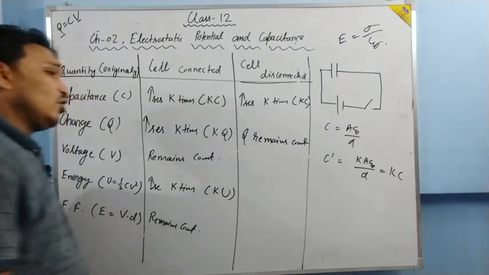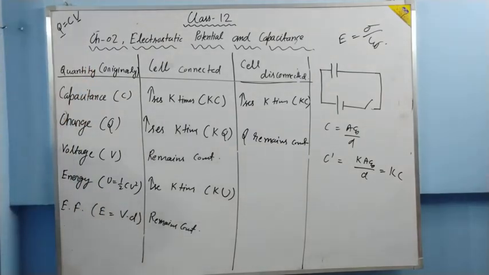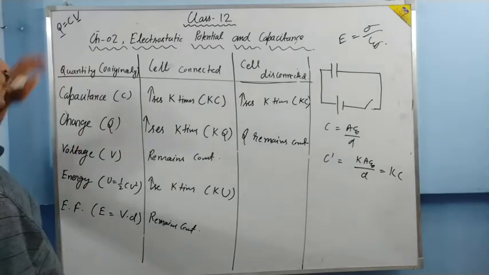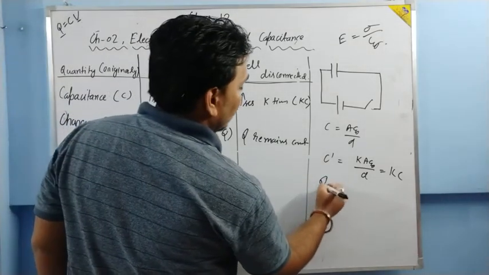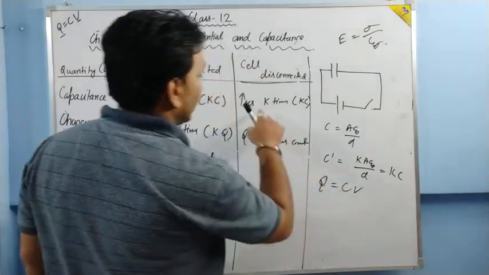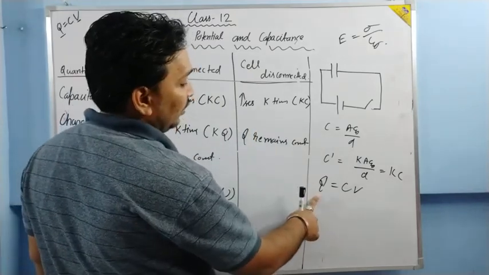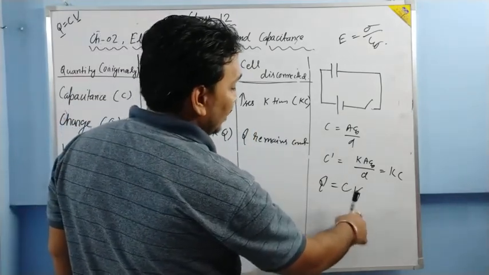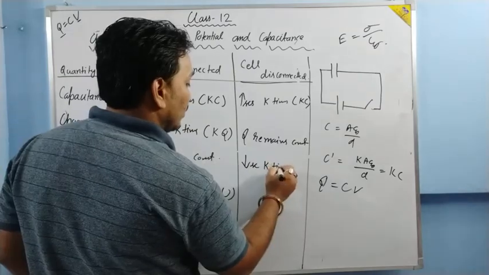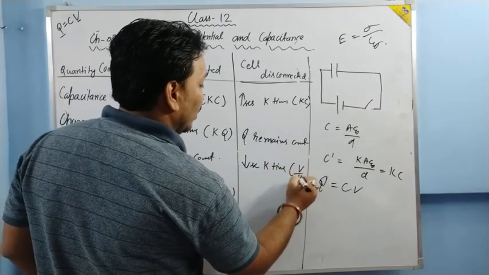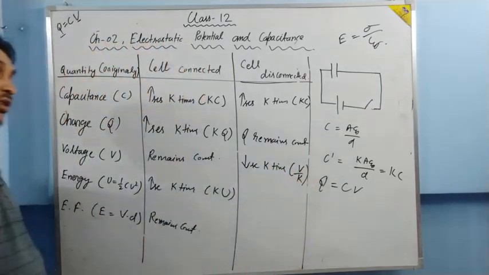Q remains constant because there is no source of charge. Who will supply the charge? Nobody. Q is equal to CV. C increases K times. Q does not increase, so obviously V has to decrease K times. So the new voltage will be V upon K.